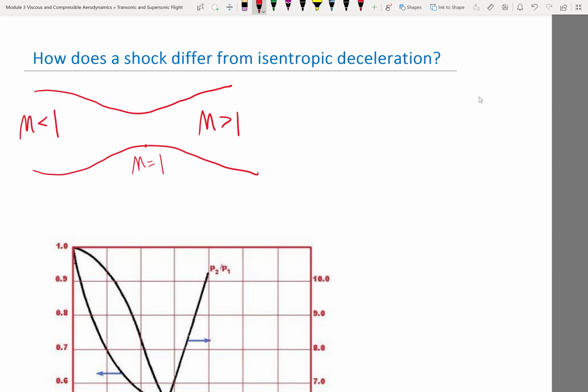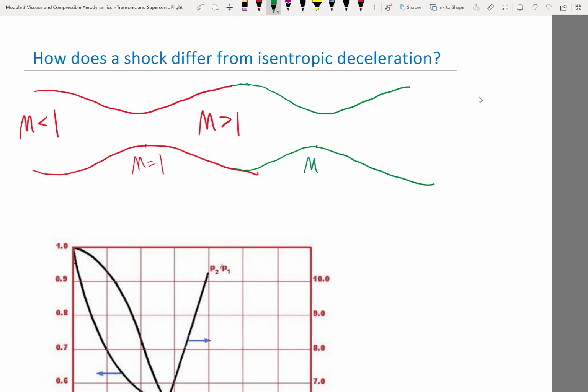Now consider two alternatives. The first alternative, let's mark it as green, is that we have exactly the reverse process. So let's say the geometry is designed perfectly symmetric to the upstream case, and there is no viscosity at all, right? In this case, the flow would basically slowly decelerate.